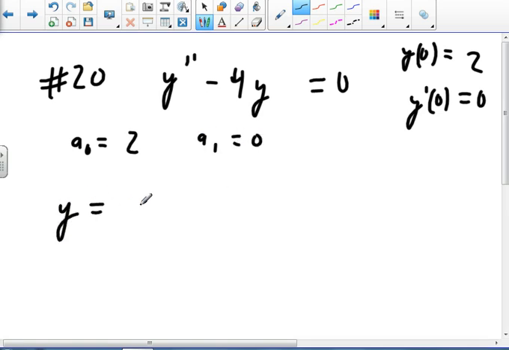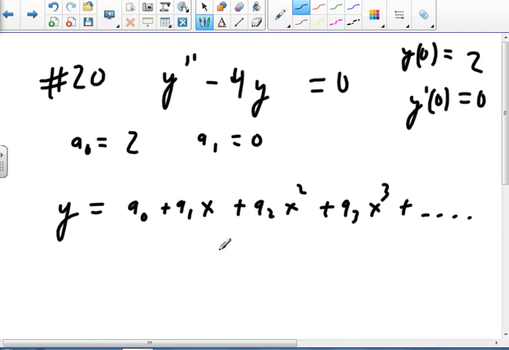This y guy is a0 plus a1x plus a2x squared plus a3x cubed plus and so on. y at 0 has to be a0, which is set at 2. So when I'm given an initial condition, a0 ceases to be arbitrary.